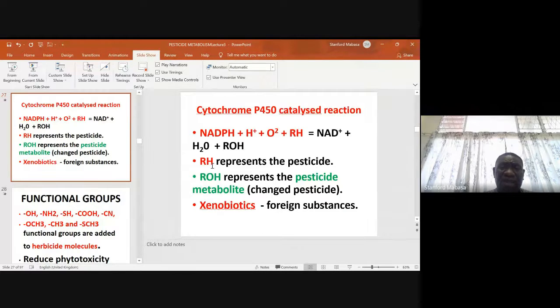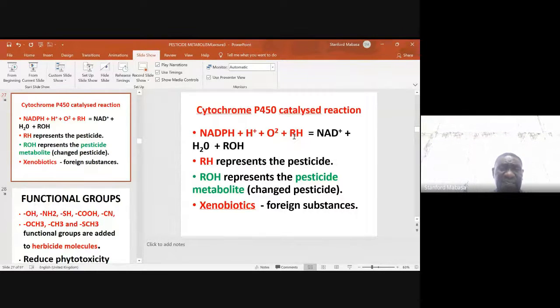So your RH represents the pesticide here, and ROH represents the altered pesticide metabolite. So this is the pesticide metabolite, the product of oxidation or a changed pesticide.